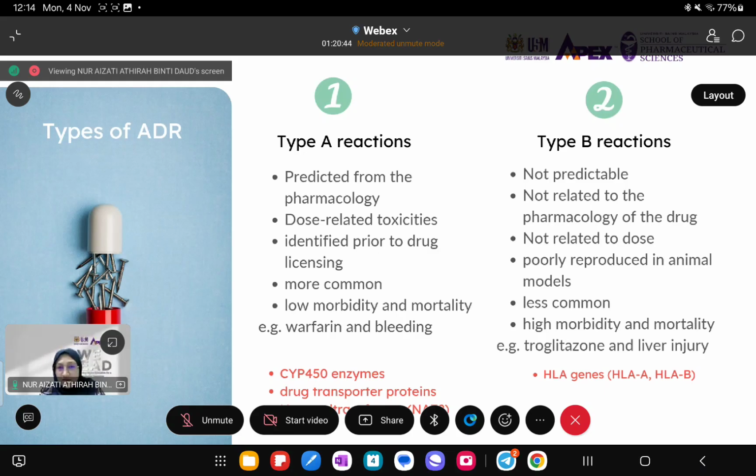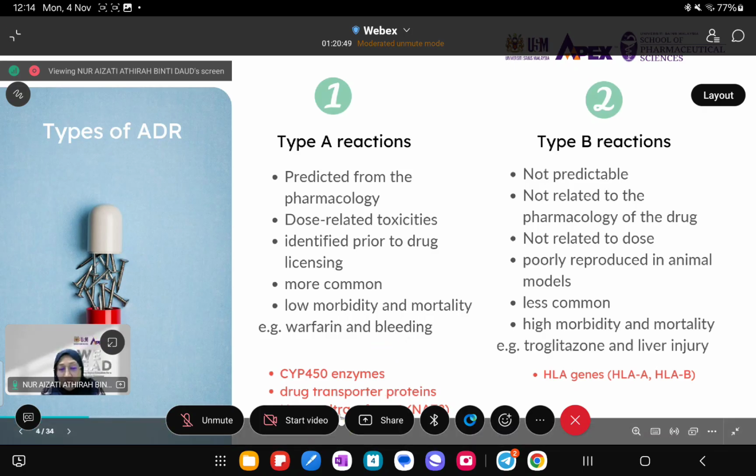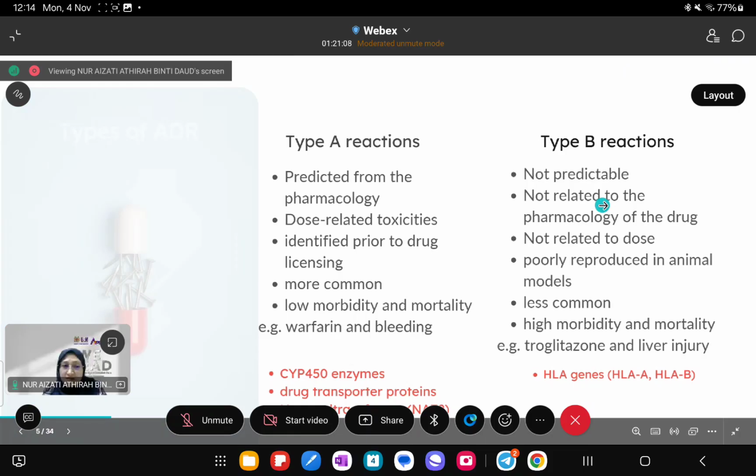Okay, so that's related to the dose, related to the metabolism. Also drug transport protein and NAT2 enzyme, which are also involved in the metabolism. Whereas for type B reaction, it relates to HLA gene. Ini kita akan tengok nanti apa HLA genes. Okay.